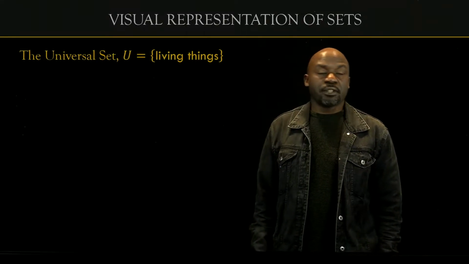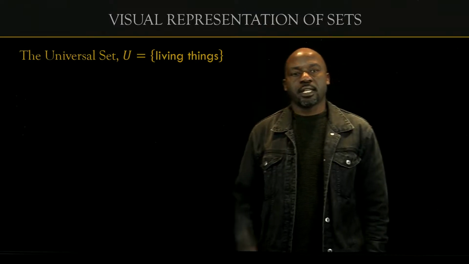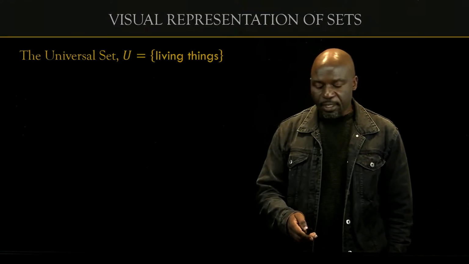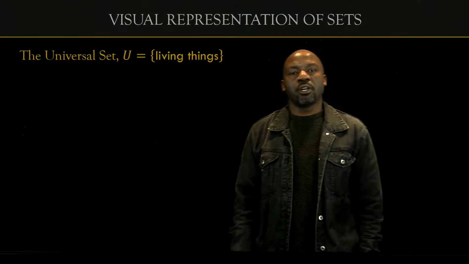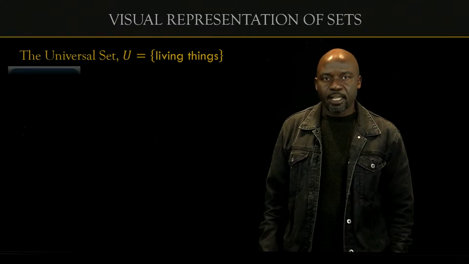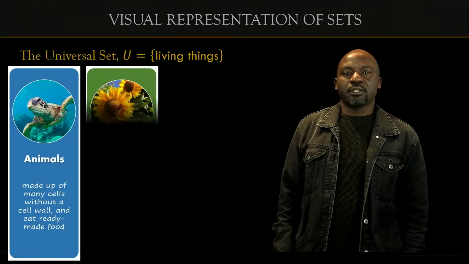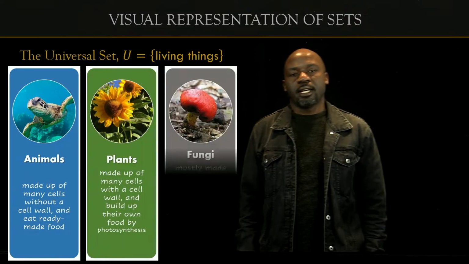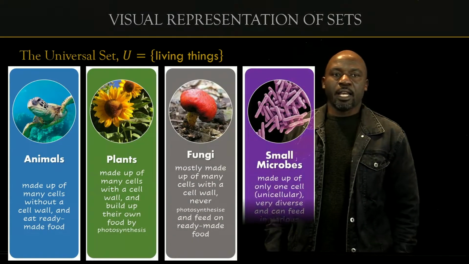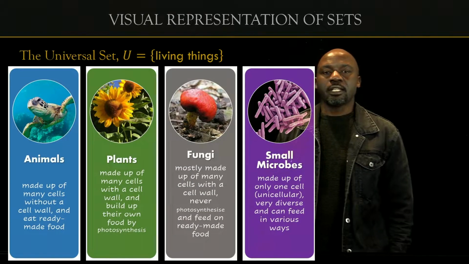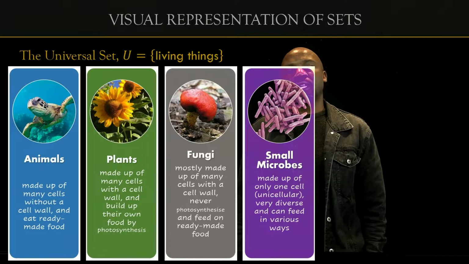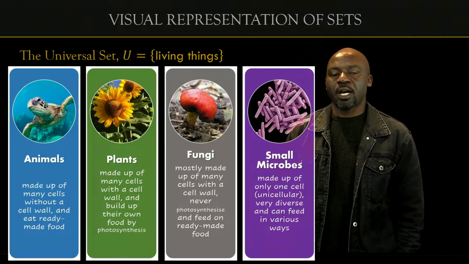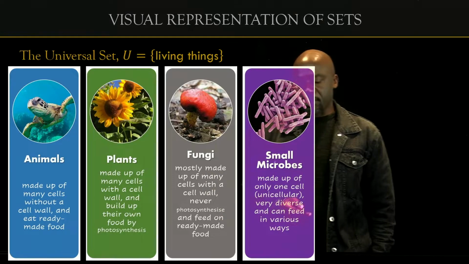Here is another example of a universal set. The set of all living things can be considered as a universal set. In this universal set we have animals, plants, fungi, and small microbes. All these are subsets of all living things, so we refer to them as the subsets within the universal set.